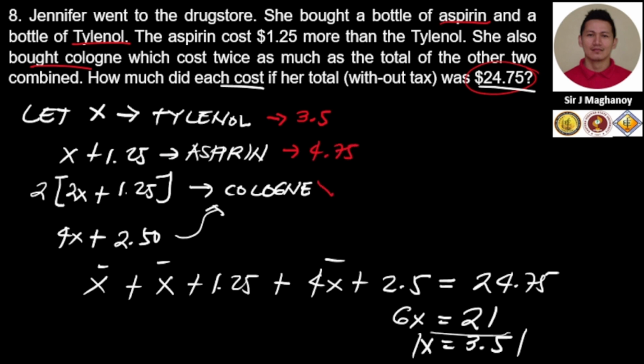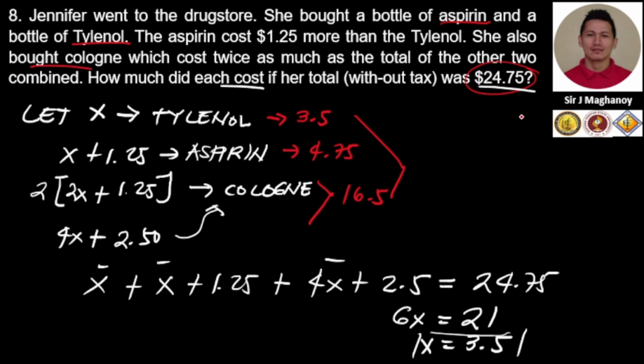How about our cologne? That is twice the combined cost of Tylenol and aspirin. So that is 3.5 times 4 plus 2.5, which is equal to 16.5.